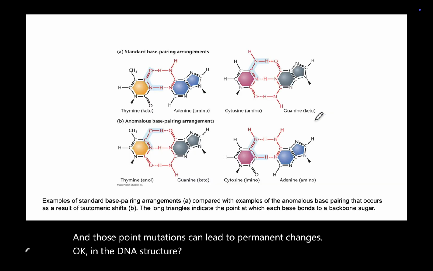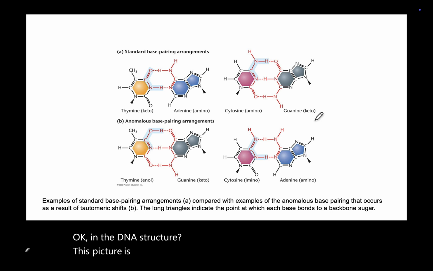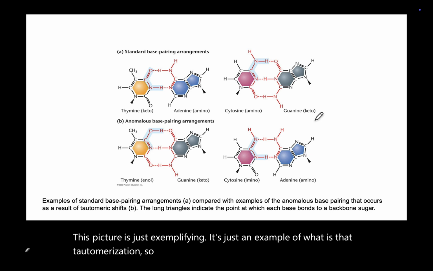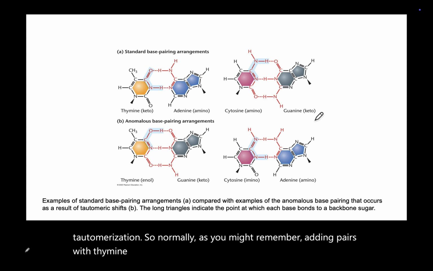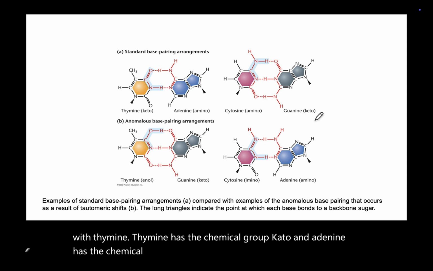This picture is just an example of what that tautomerization is. So normally, as you might remember, adenine pairs with thymine. Thymine has the chemical group keto, and adenine has the chemical group amino.